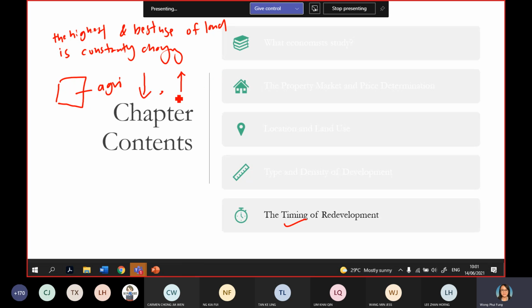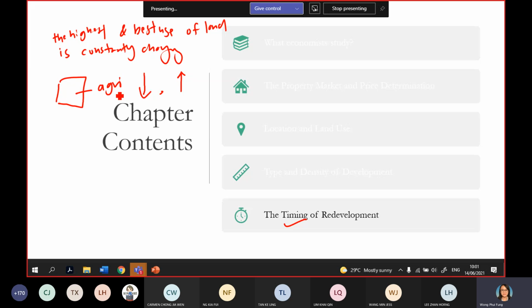So it does not mean that if the land use is agriculture, we have to use it for planting forever, because the highest and best use of the land is always changing. It depends on the economic context and also location.